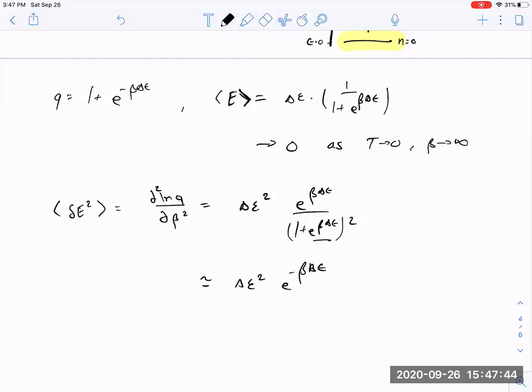When I say that that's much bigger than 1, it cancels 1 from upstairs, leaving me with a minus in the argument altogether. So an effective two-level system has a very simple way to think about its energy fluctuations. There's a scale, delta epsilon, by which the energy can fluctuate, and then I have some probability that that fluctuation has happened, manifested here in this Boltzmann factor, e to the minus beta delta epsilon.